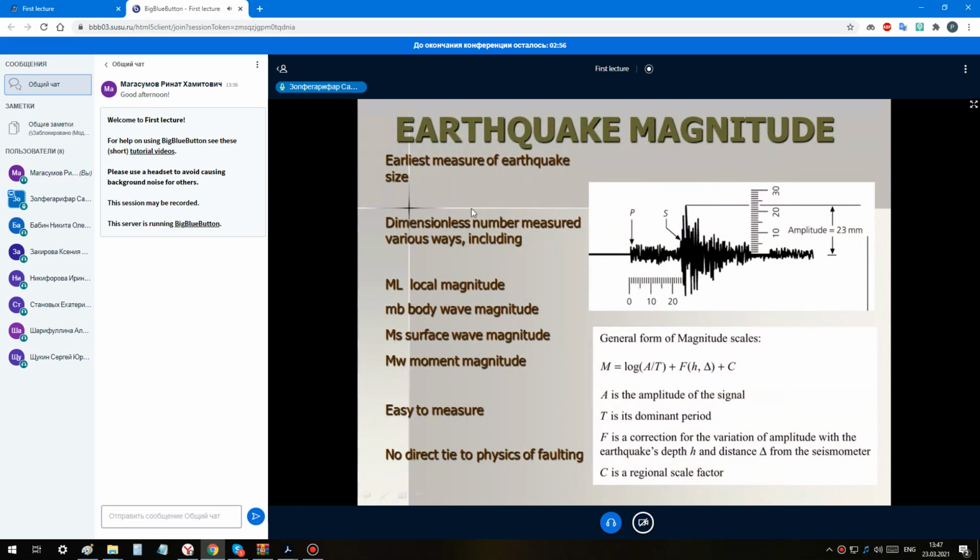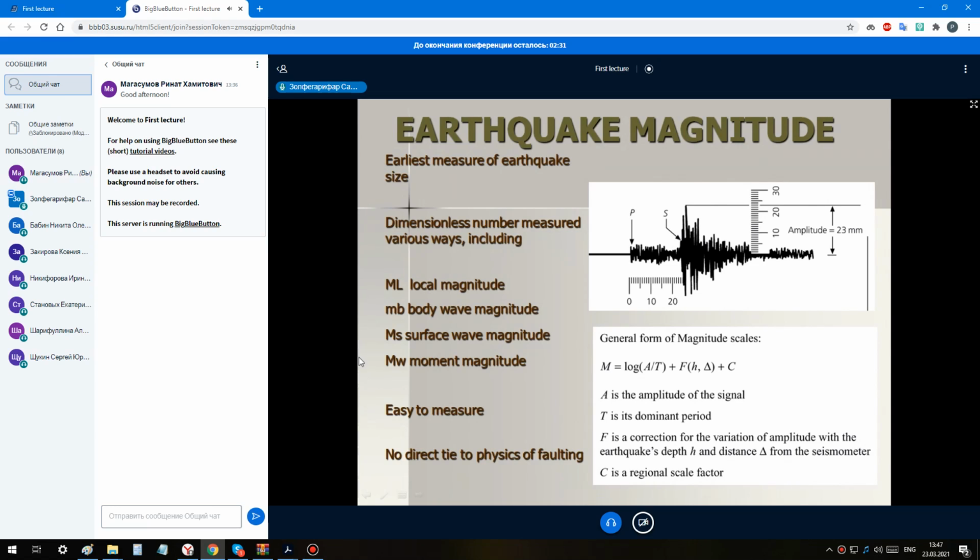Earthquake magnitude is the earliest measure of earthquake size, a dimensionless number measured in various ways, including this equation. We can use this equation to measure magnitude, as shown in this slide.